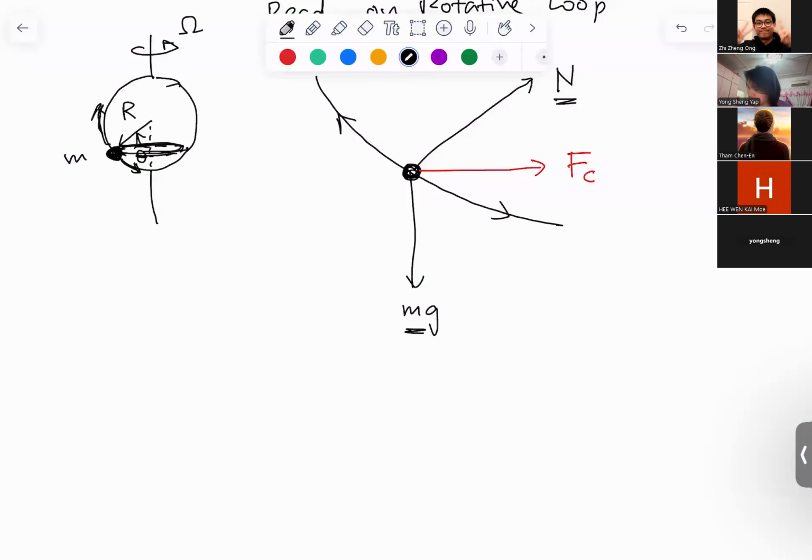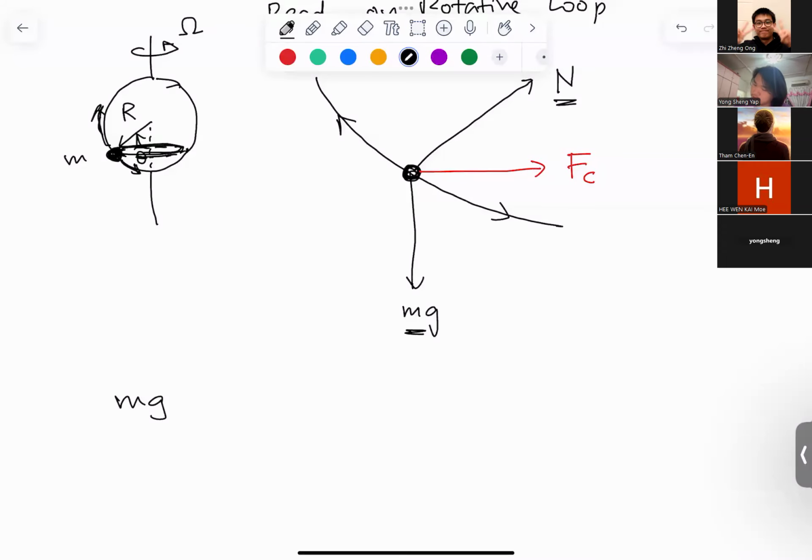What you have is a torque from the weight. The force is mg, and the distance from the center to the bead is R. Because there's an angle theta, the torque is mgR sine theta.